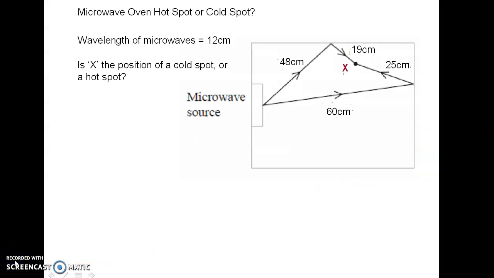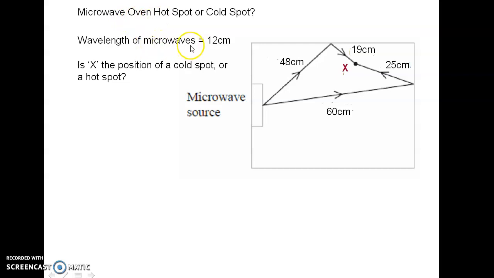In this slide here, I'm going to guide you through an exam question involving the interaction between two waves in a microwave. The diagram here shows the path of the two waves, and they are going to meet at point X. And we are to identify whether this is a microwave oven hotspot or a cold spot.